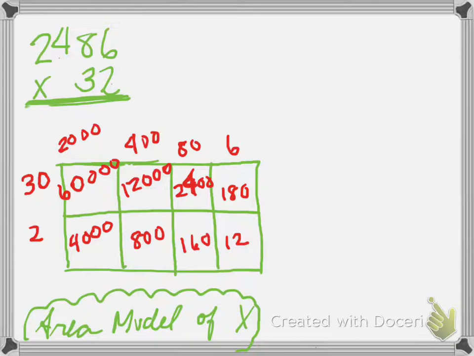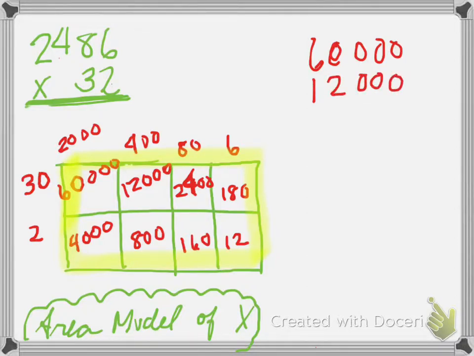And now I have all of these here as parts of my product. All I have to do is add them up. So let's do that. I've got 60,000, plus 12,000, plus 4,000, and I'm being very careful to line up my place values. We know that's important.